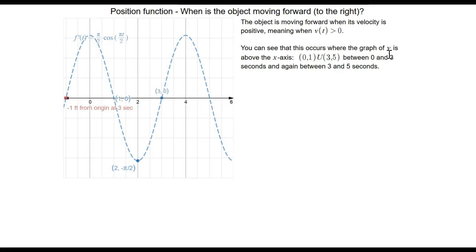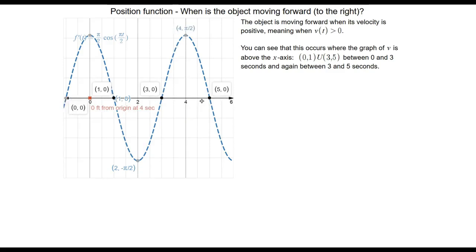So we want to look at our velocity function and determine where it's greater than 0. So it's greater than 0 between 0 and 1 second, and between 3 and 5 seconds. So that's when the object is moving to the right.